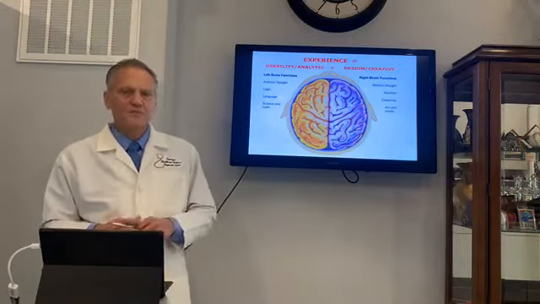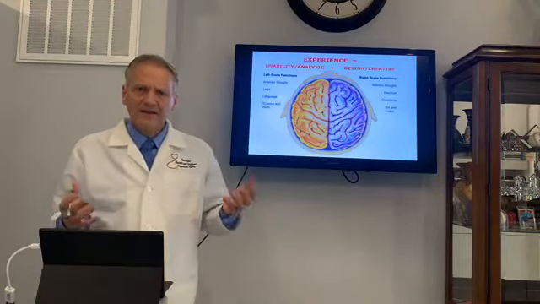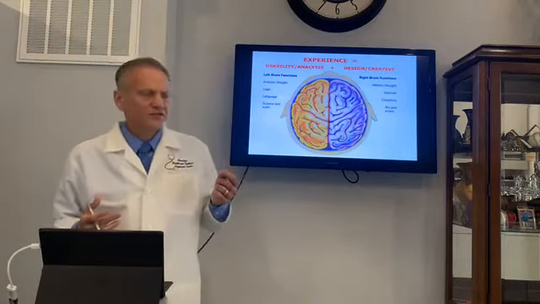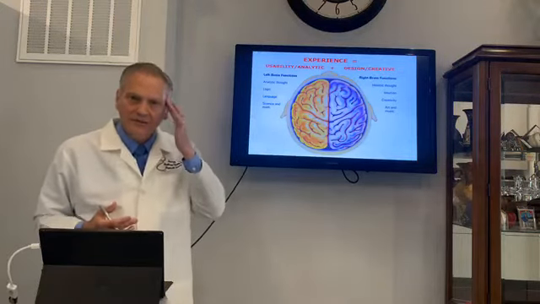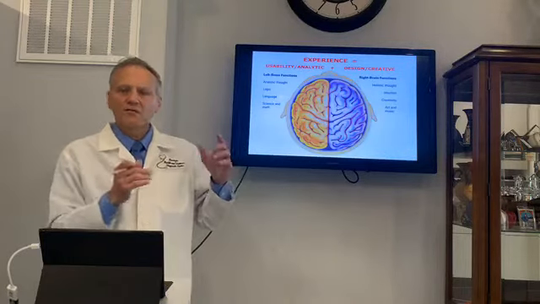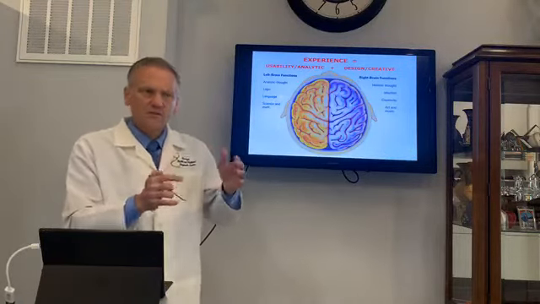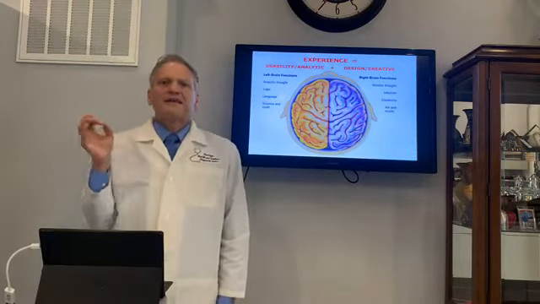So the left side of the brain, that's where we get our analytical thinking, our logical thinking. This is where our language centers are, 98% of the people have their language centers in the left side of the brain. This is where we get our ability to sequence time events. The right side of the brain understands the experience.